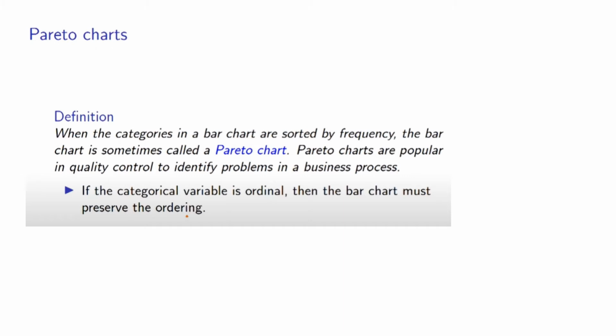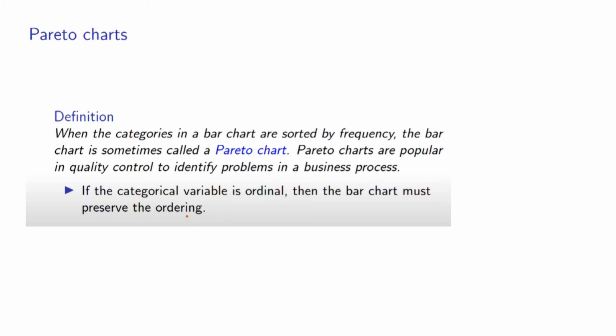The next one is the Pareto chart. When the categories in a bar chart are sorted by frequency, the bar chart is sometimes called a Pareto chart. Pareto charts are popular in quality control to identify problems in a business process.